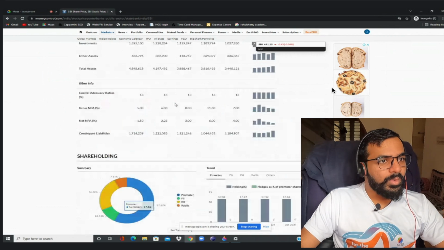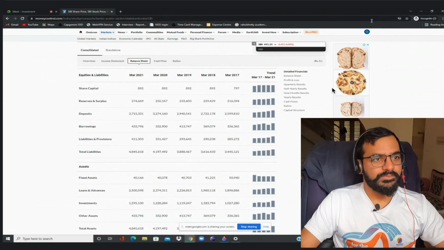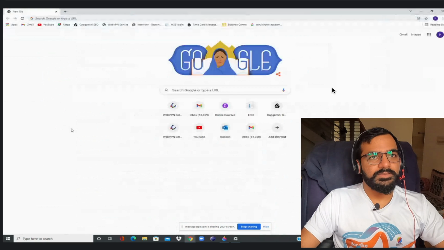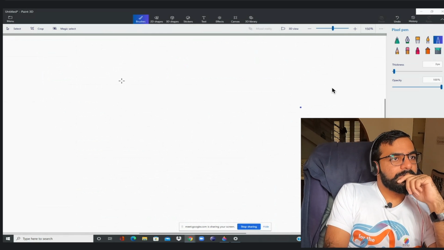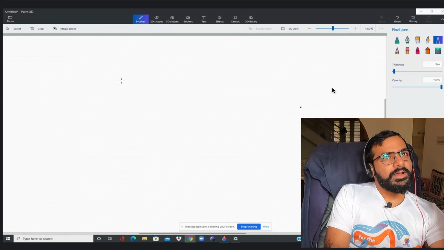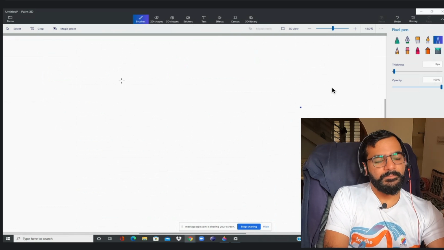One thing we have to say, we have a few things here: liabilities and borrowings. So we'll go with the liabilities part first. Is it okay, or should we go with the assets part?